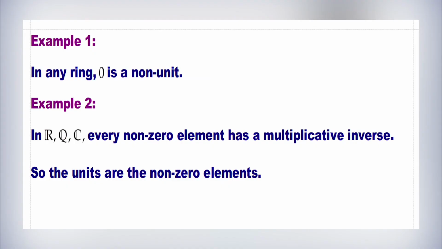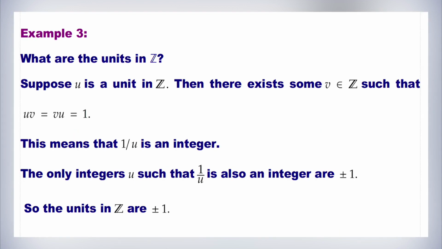Let us see some examples. The first example is, in any ring, 0 is a non-unit. The second example is, in R, Q and C, every non-zero element has a multiplicative inverse. So, the units are the non-zero elements. The third example is, what are the units in Z?